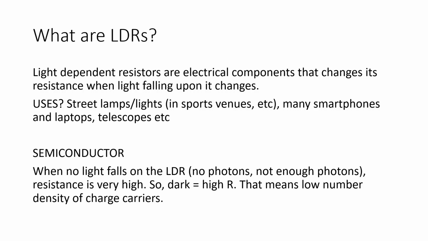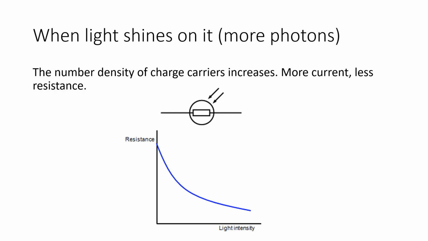Therefore, because there are no electrons moving freely, there is no current and the resistance is very high. As you gradually increase the number of photons, as you increase the light intensity, the electrons will be released. So the density of charge carriers, in this case the electrons, will increase. More current means less resistance.